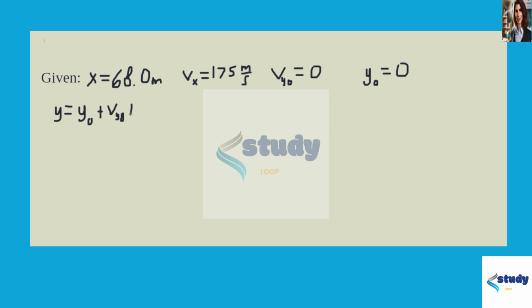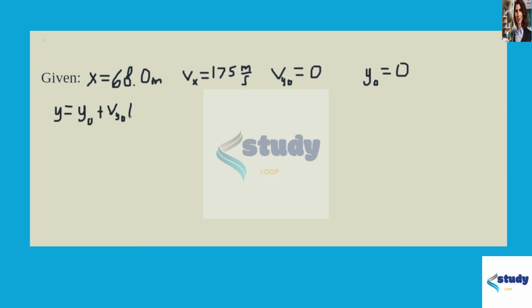Clearly it's going to drop because of gravity. We want to know how much it's going to drop over that distance, and so how far away from the target it's going to be because of that drop. In order to do that, we can make use of the formula y is equal to y naught plus the initial velocity in the y direction, v y naught, times the time.